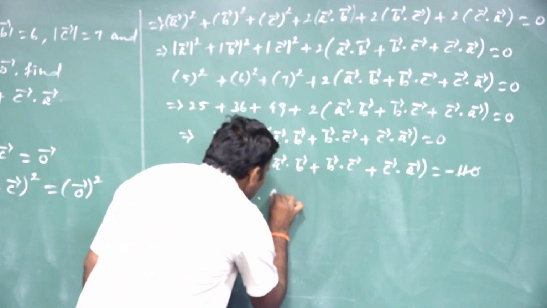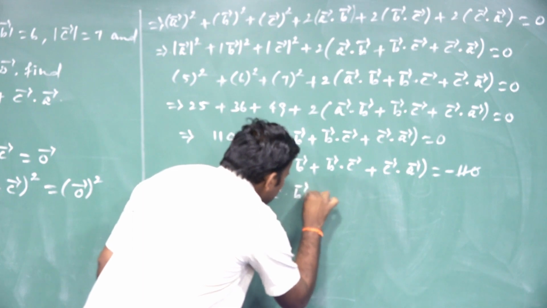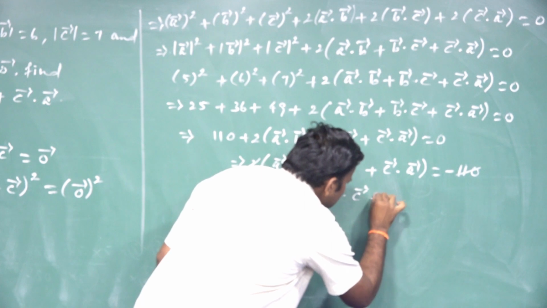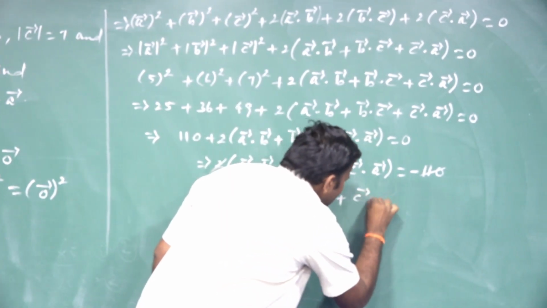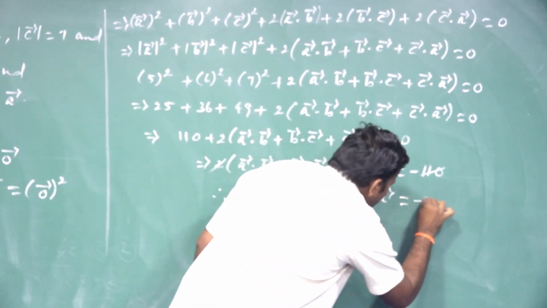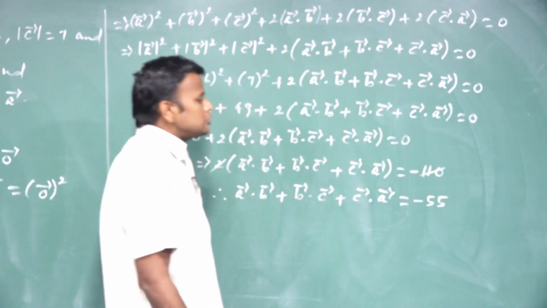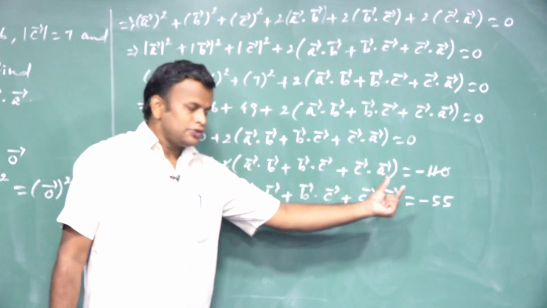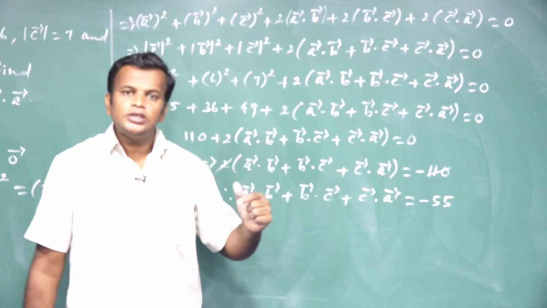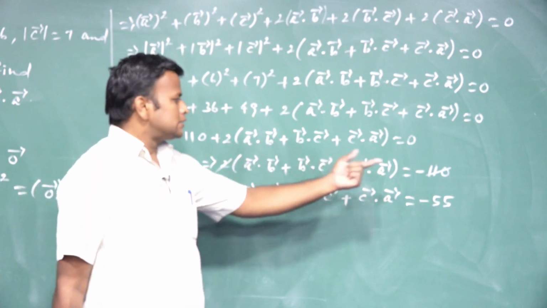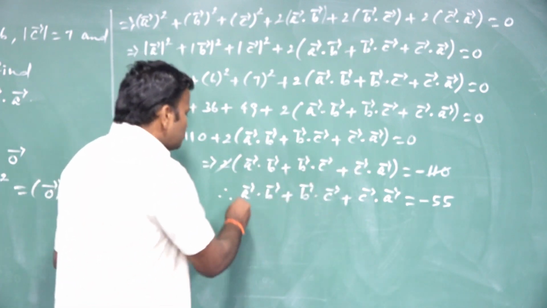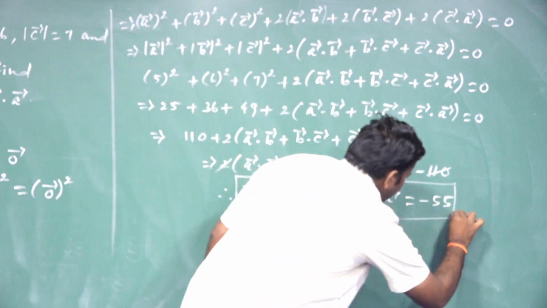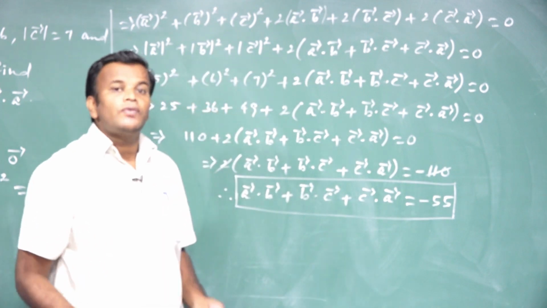Therefore, A vector dot B vector plus B vector dot C vector plus C vector dot A vector value is minus 55. The multiplication by 2 becomes division; 110 by 2 is 55. So it is our question to find the value of A dot B plus B dot C plus C dot A. So that value is minus 55.